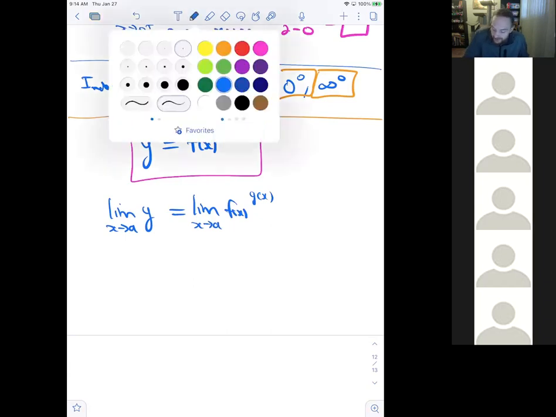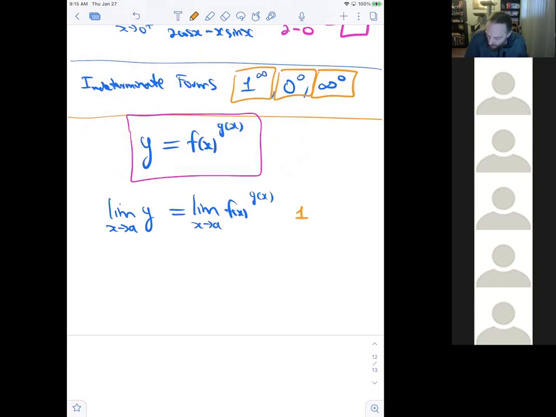Say, for example, we get 1 to the infinity type. Then this says f of x is tending towards 1 and g of x is tending towards plus or minus infinity as x approaches a. We want to know how to rectify this.